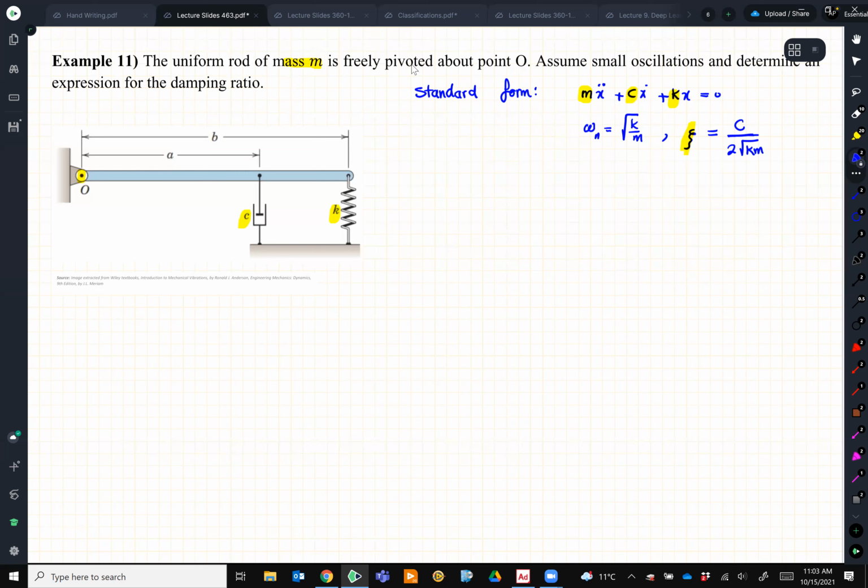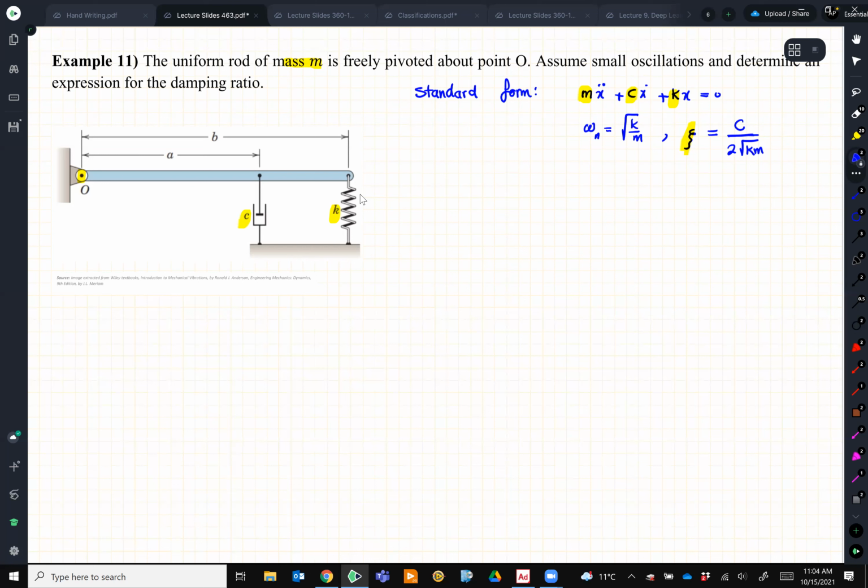So like always, the first thing is, what is the kinematics of this system? It's obvious. You have a bar joined at point O to the fixed wall. And without the damping and spring, it can swing. Now we put this damping and spring on it.